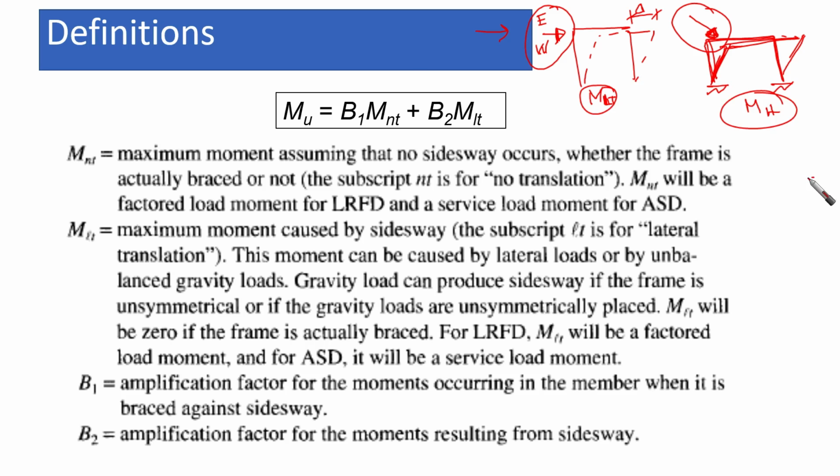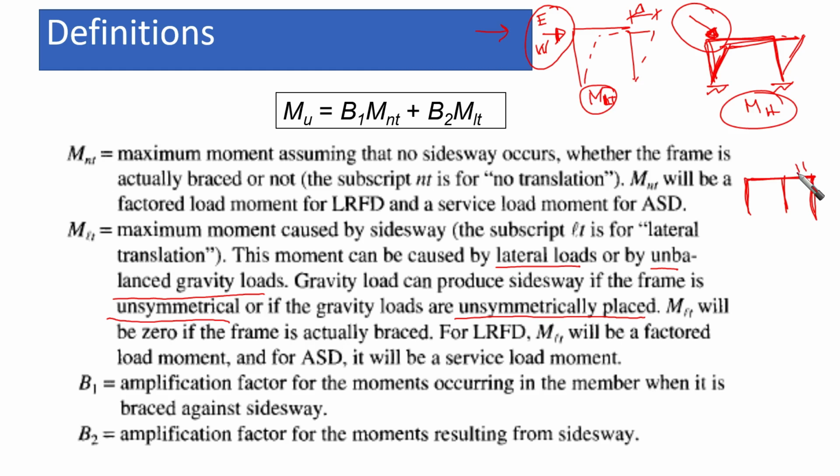If for some way or another the system is not symmetric, something is making our system not symmetric. So this moment is, as we said, caused by lateral loads or by unbalanced gravity loads. Gravity load can produce side sway if the frame is unsymmetrical or if the gravity loads are unsymmetrically placed.